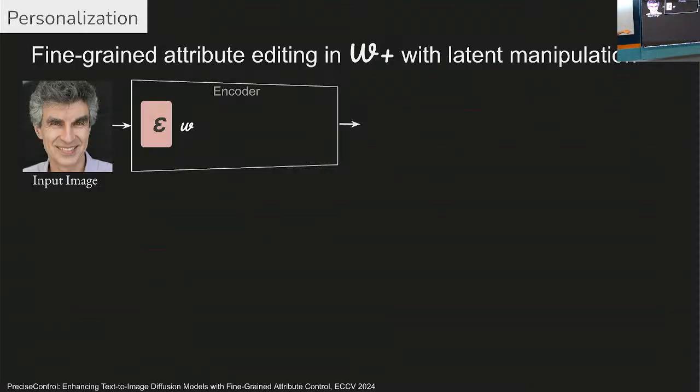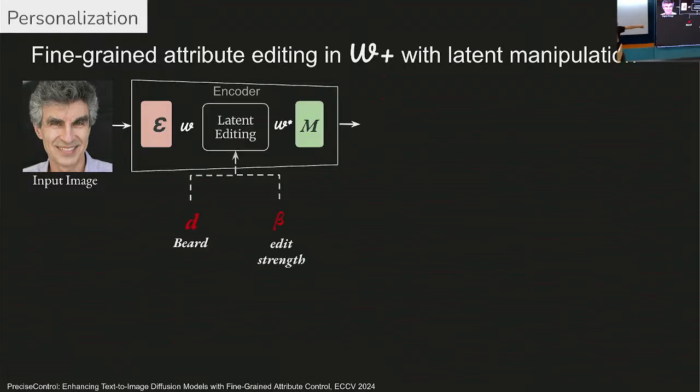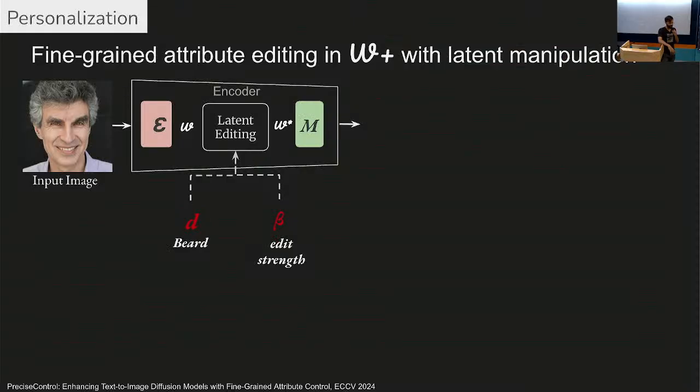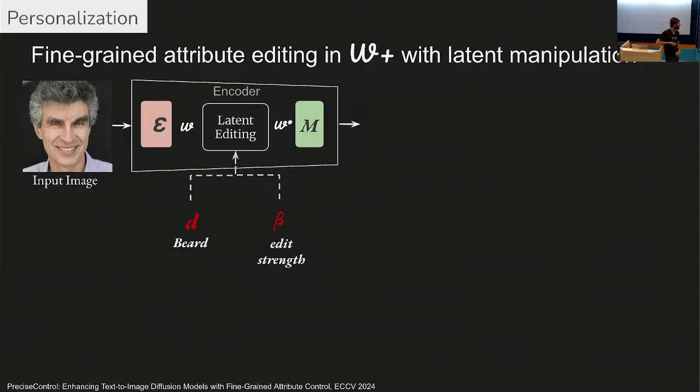During inference, you pass an input image through the StyleGAN encoder and get a W. You do latent editing in the W. In W space there exist directions to edit one attribute at a time. In StyleGAN, people have shown there are lots of works around that. You can find a direction to edit, like we saw some interpolations. It's very smooth, so you can use the same space to perform edits, for example adding a beard.